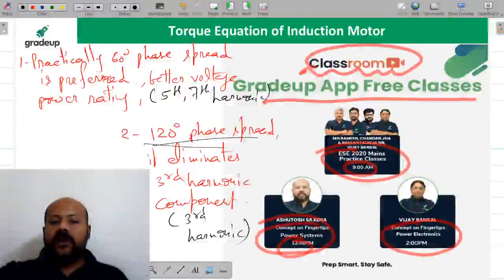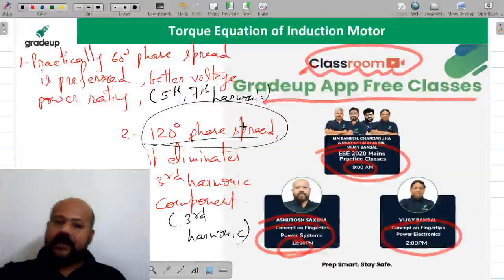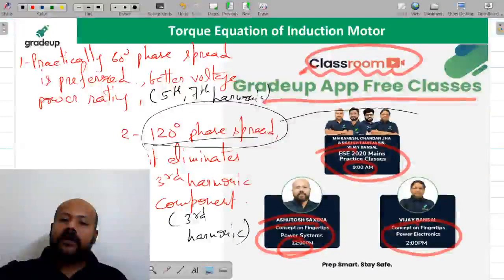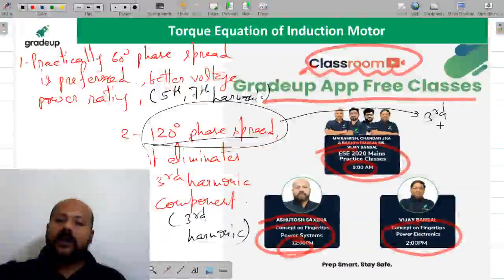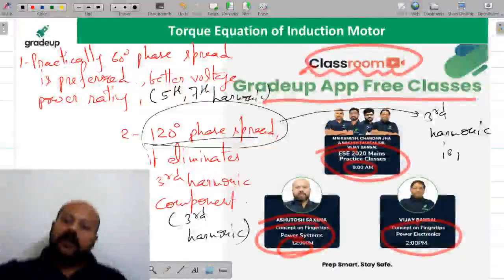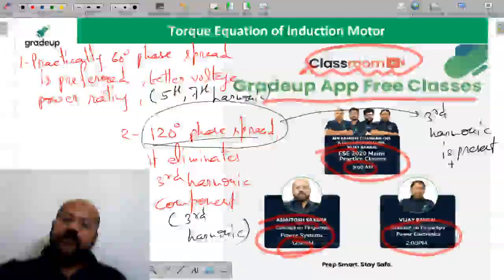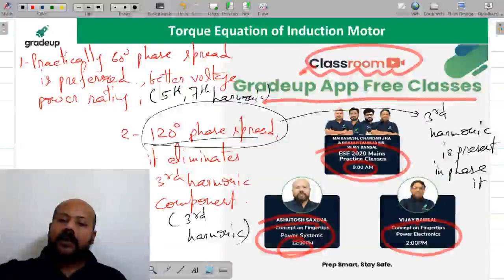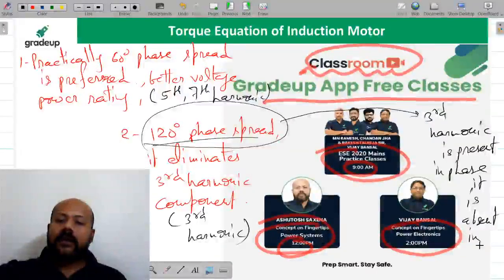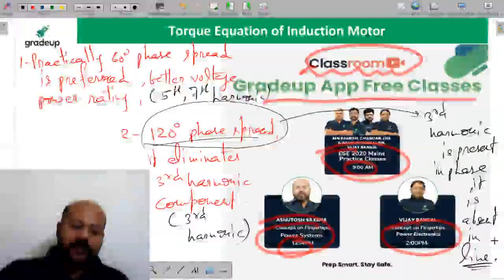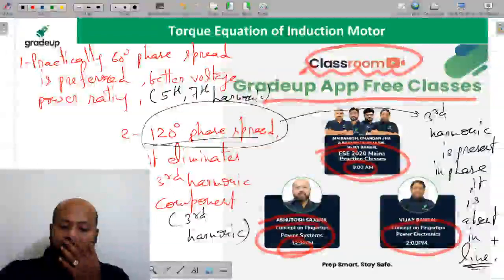Now with this 120 degree phase spread, the idea is, even though this 3rd harmonic is present in phase, it is absent in line. That is the idea. I hope it is clear to all of you.